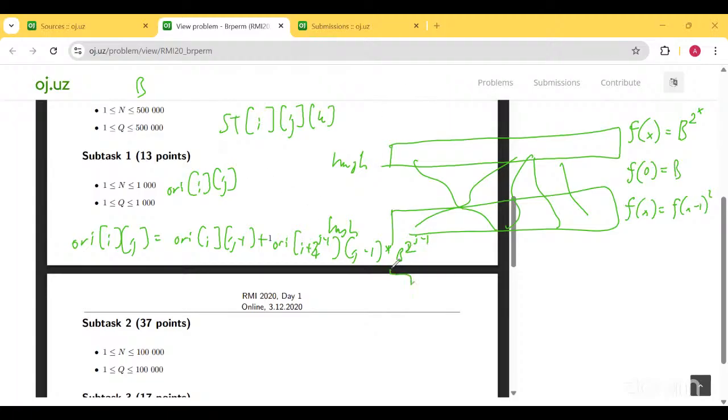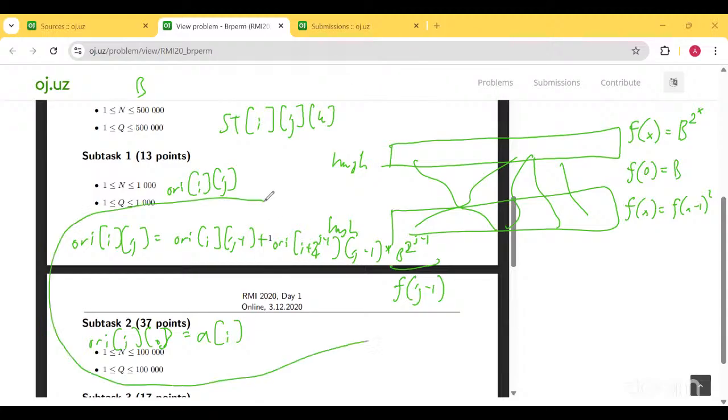So we can easily know the value of this. I mean, this is equal to f_(j-1). And of course, for Ori[i][0], it is equal to the character A_i. Is there any question about this first table?